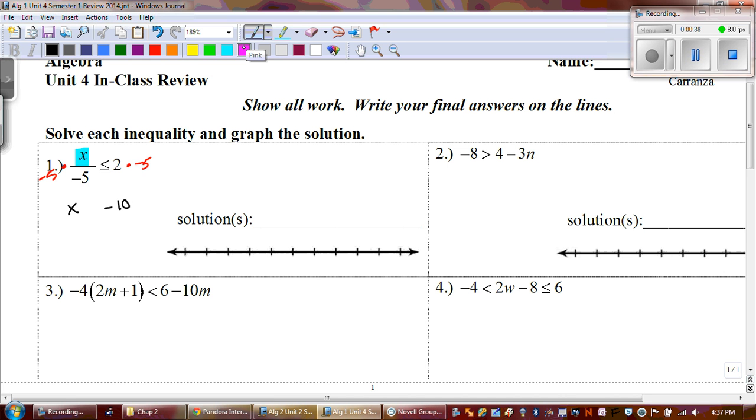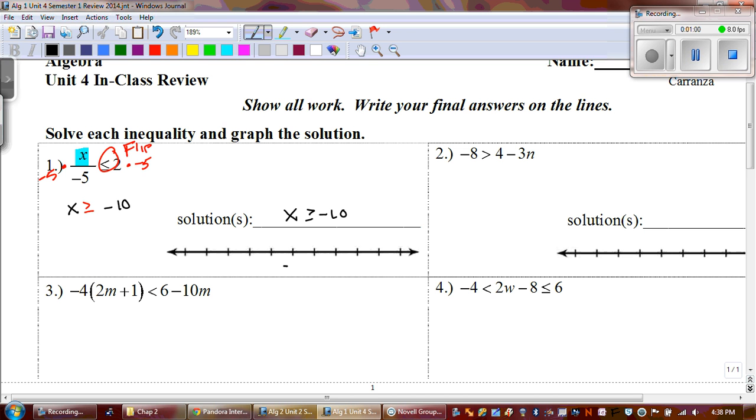However, what did we just multiply? Well, we multiplied by negative. Anytime we multiply or divide by a negative, we have to flip the inequality. So now it's x is greater than or equal to -10 is our final answer. So x is greater than or equal to -10.